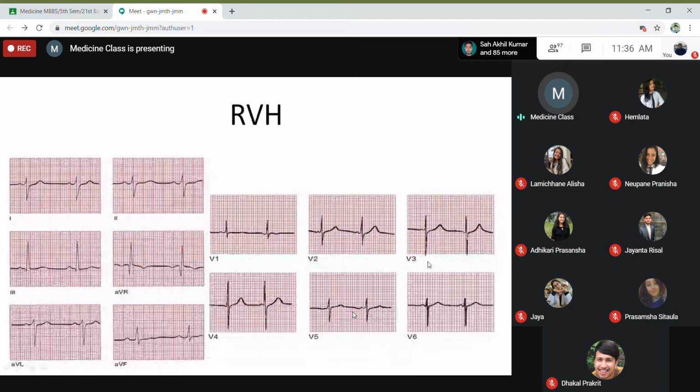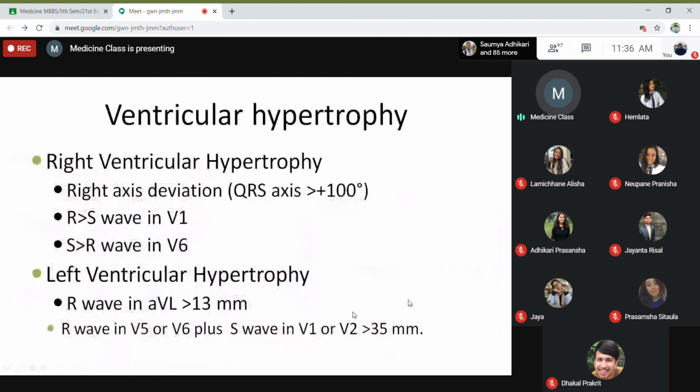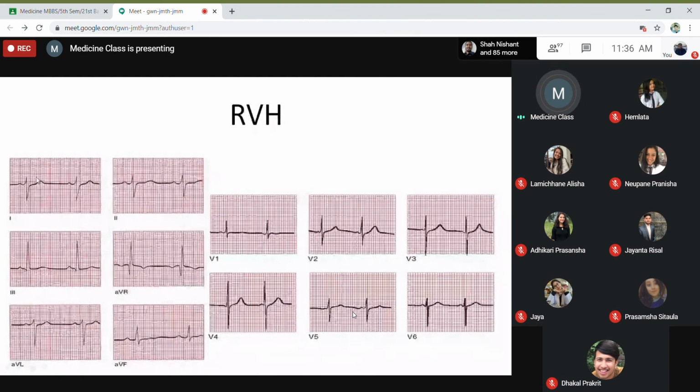Look at it here. This is negative, and this is positive, so you have a right axis deviation. In AVF it's positive, and in V1 it's negative. So you have a right thumb up, and that is right axis.